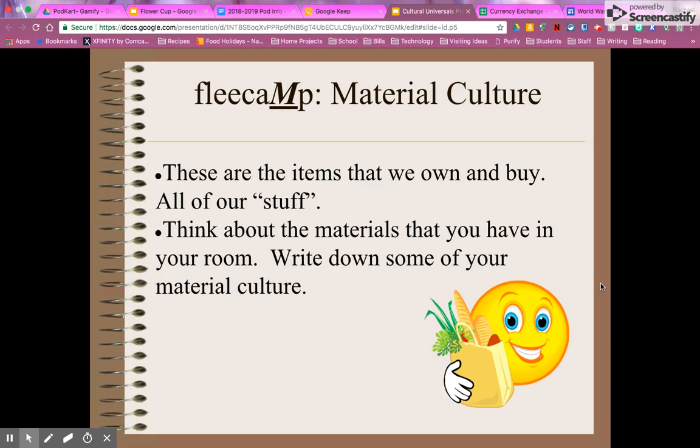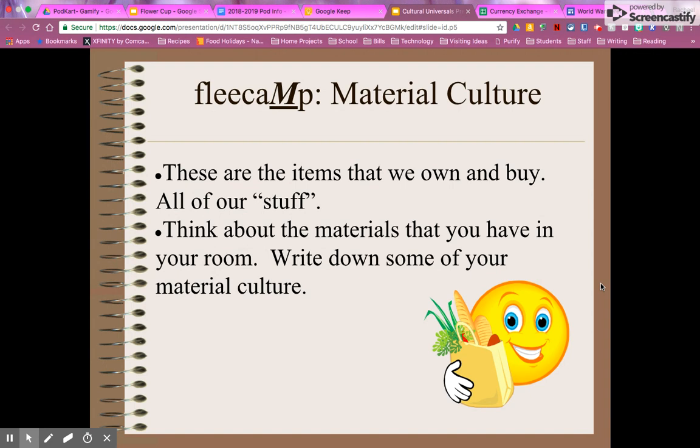All right, the F stands for family structure. L, language. E, education. E, economics. C, conflict. A, arts, recreation, and play. M, material culture. So these are our things, our stuff.